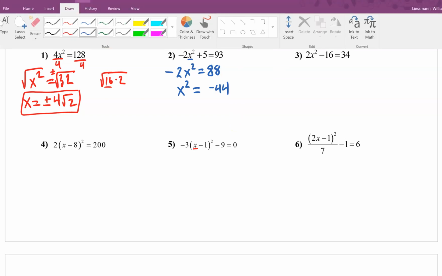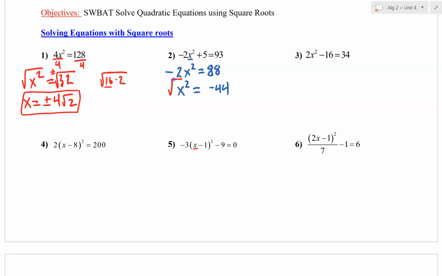Then I want to take the square root of both sides, and I need a plus minus here. So you've got to make sure you have that plus minus. When you take the square root of both sides, you're going to get plus or minus. Now, we're going to deal with the i in one way, and we're going to deal with the 44. We've got to simplify that. So if we think about it, this is really negative 1 times 4 times 11. 4 is the perfect square number we can take out.